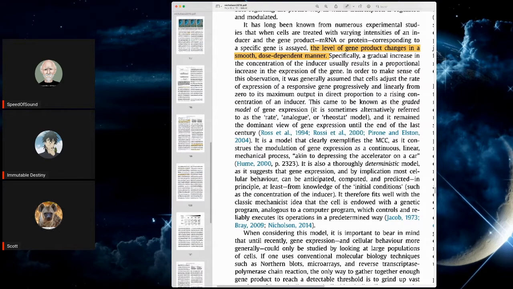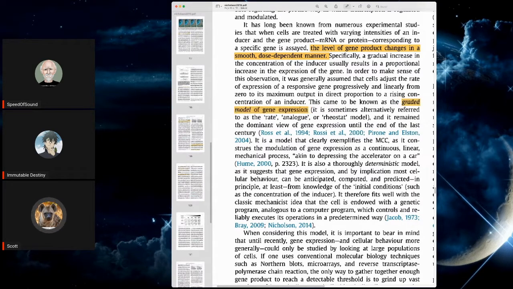In order to make sense of this observation, it was generally assumed that cells adjust the rate of expression of a responsive gene progressively and linearly from zero to its maximum output in direct proportion to a rising concentration of an inducer. This came to be known as the graded model of gene expression.